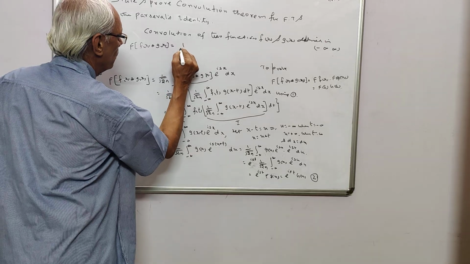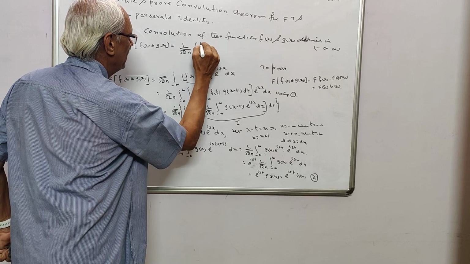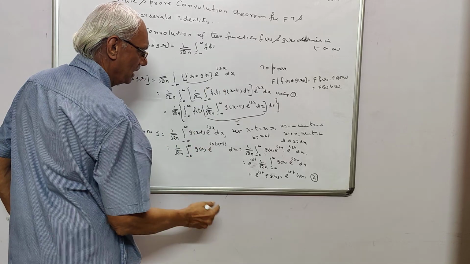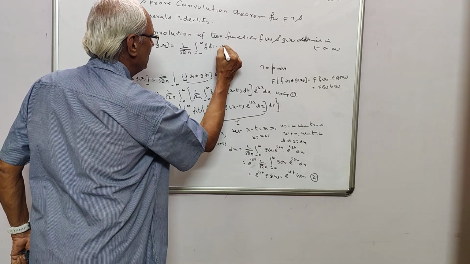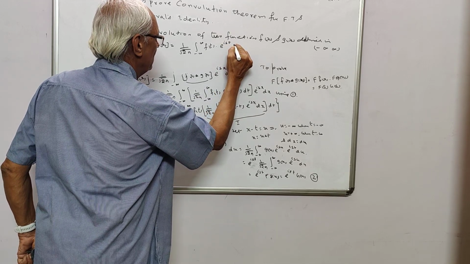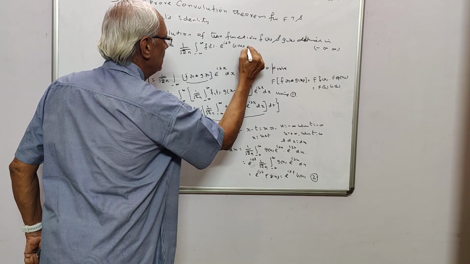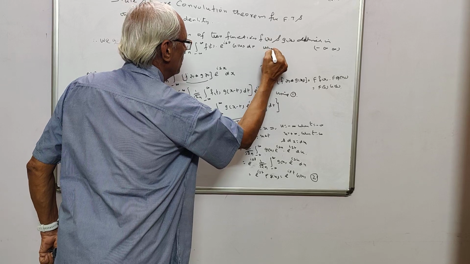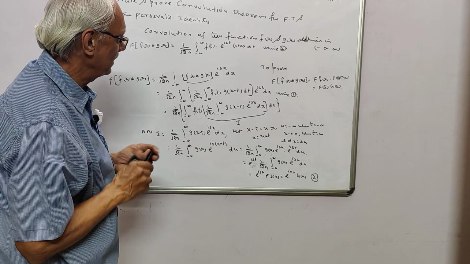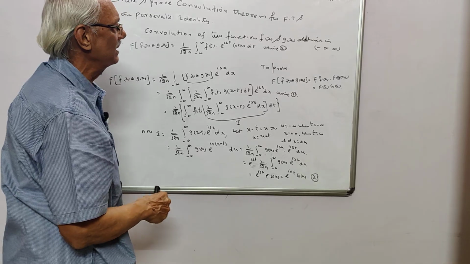So this is equal to 1 by square root of 2 pi, integral from minus infinity to plus infinity, f of t into e to the power of ist into the Fourier transform of g of u into dt, using 2. So what have I done here? In the place of this I have used 2 and I am able to get this result here.